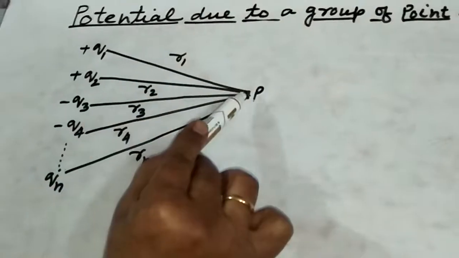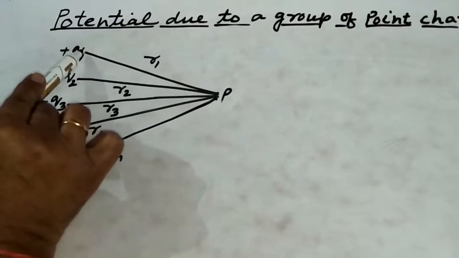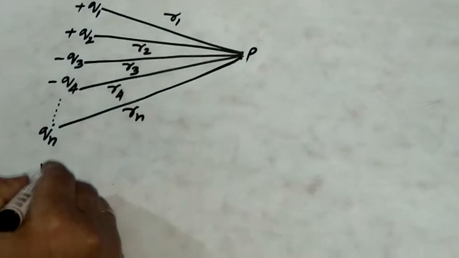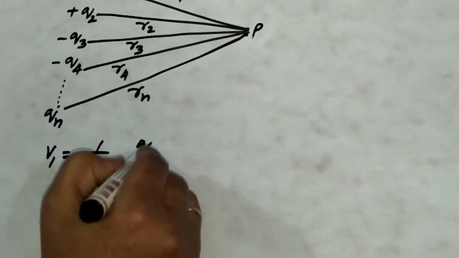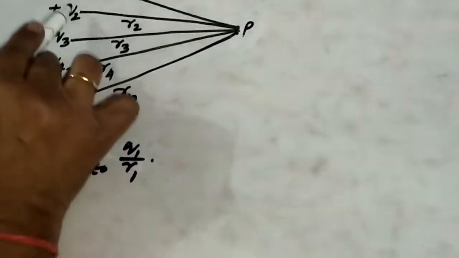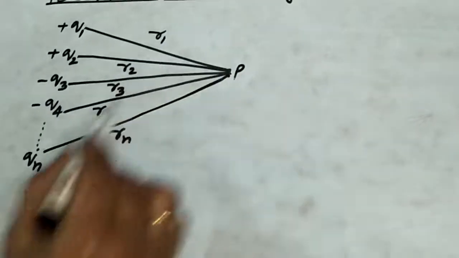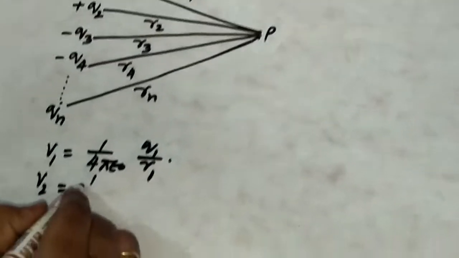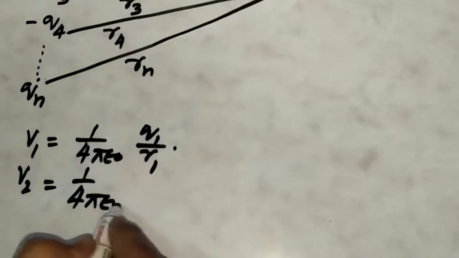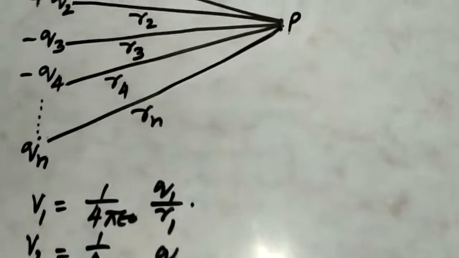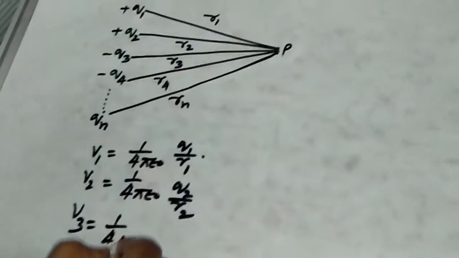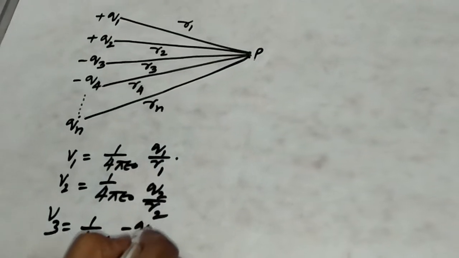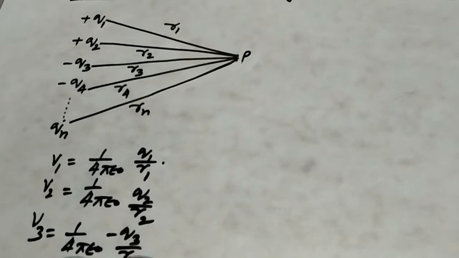Suppose the potential at point P due to this charge plus Q1 is V1. So you can write V1 is equal to 1 upon 4 pi epsilon naught Q1 by R1. Similarly, the potential due to the second charge plus Q2 at point P, you can write V2 is equal to 1 upon 4 pi epsilon naught Q2 upon R2. Similarly, for the third charge minus Q3, we can write V3 is equal to 1 upon 4 pi epsilon naught minus Q3 upon R3.